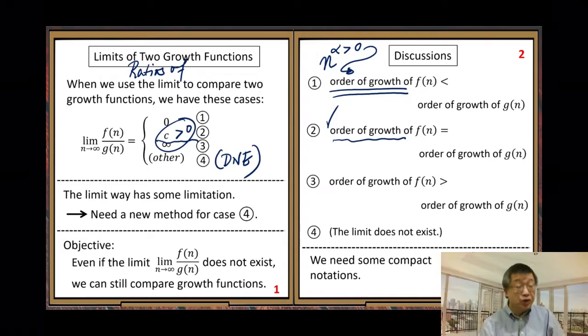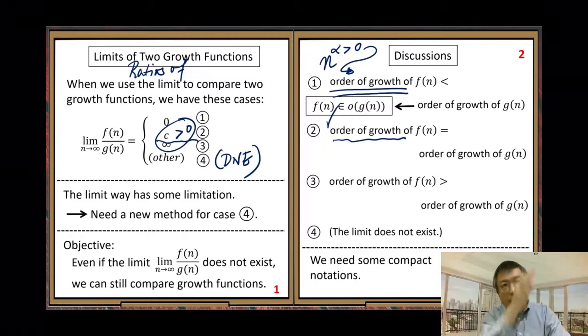Otherwise, if we do not introduce good notations, it is not convenient to discuss them, because you need to use a lot of words and sentences. So let's use some compact, simple notations. For case 1, we use this notation.